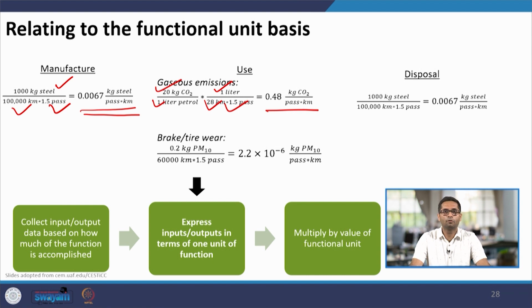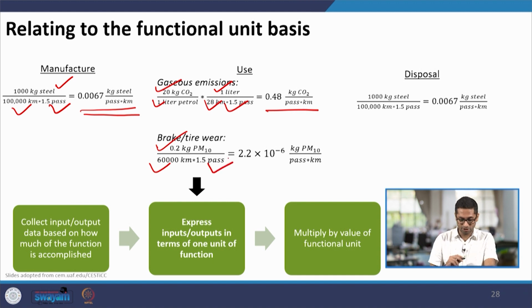Something similar I would want to do for the particulate matter emissions from the brake and tire wear and tear. So it was 0.2 kgs of PM10 particles, divided by 60,000 kilometers, since it's an assumption that for every 60,000 kilometers of distance traveled, the amount of wear and tear would be around 200 grams or 0.2 kgs, and multiplying that with the average number of passengers, which is 1.5, gives me the particulate matter emissions from this particular car per passenger kilometer.